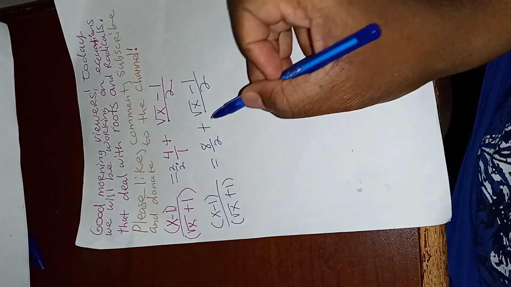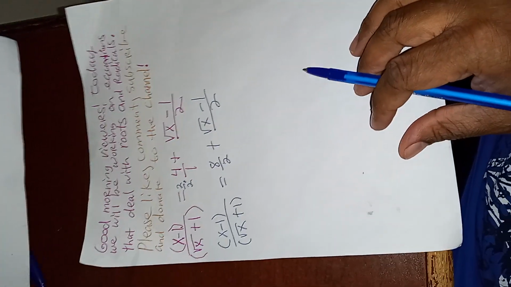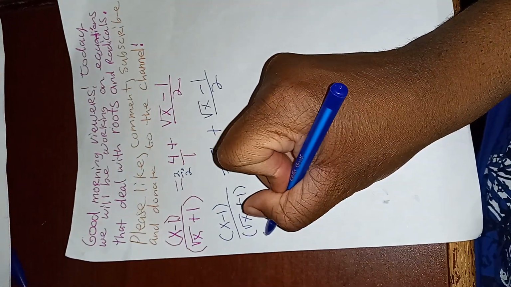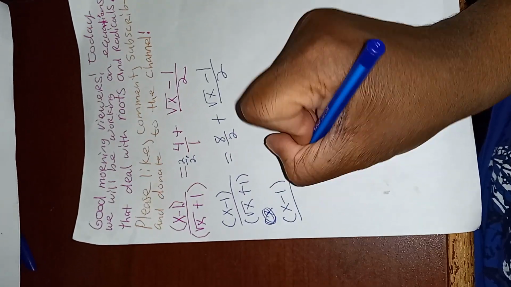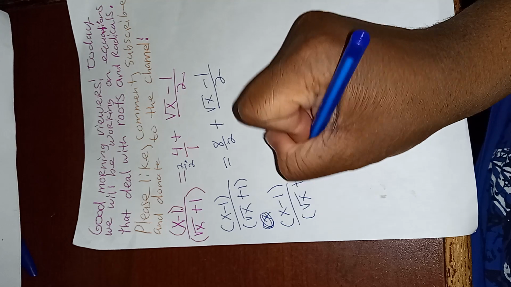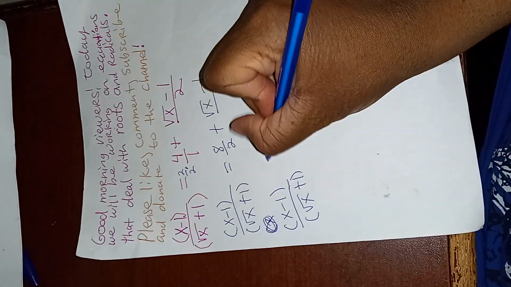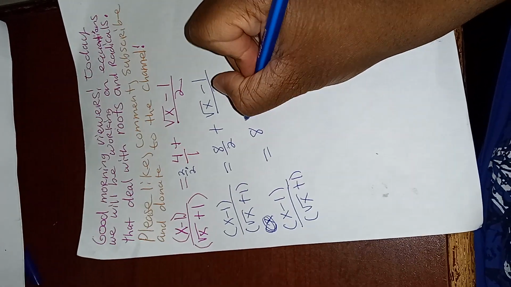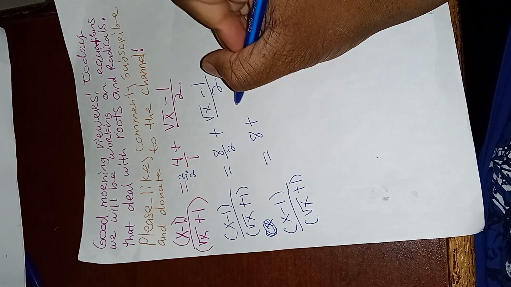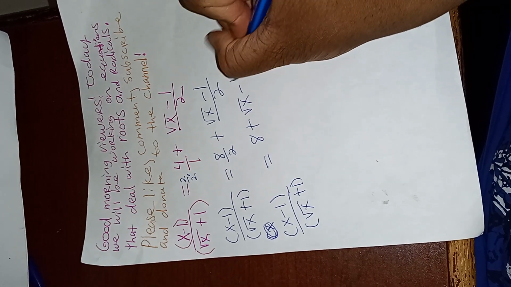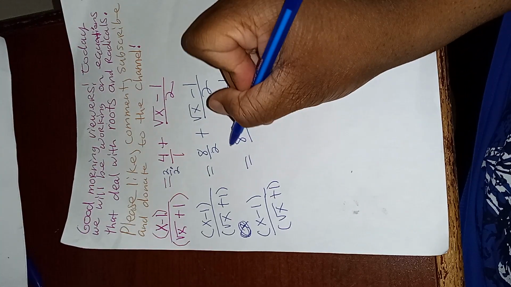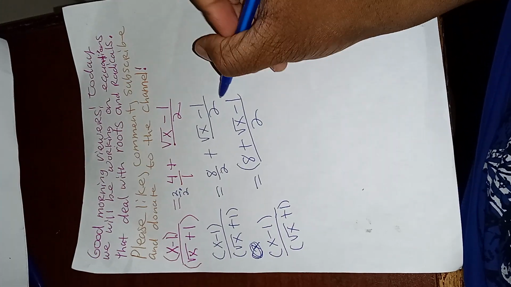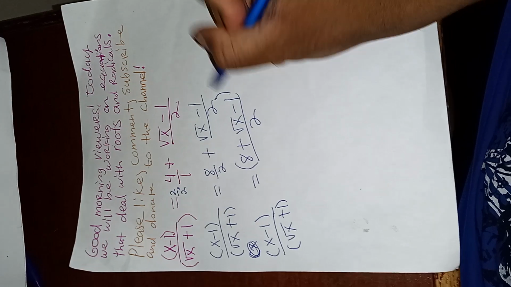Now we can bring them together on the right hand side because they now have the same denominator. So (x minus 1) divided by the square root of (x plus 1) is equal to (8 plus the square root of (x minus 1)) divided by 2. And now we need to put parentheses around 8 plus the square root of (x minus 1).